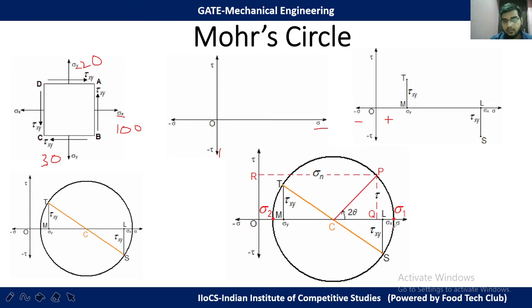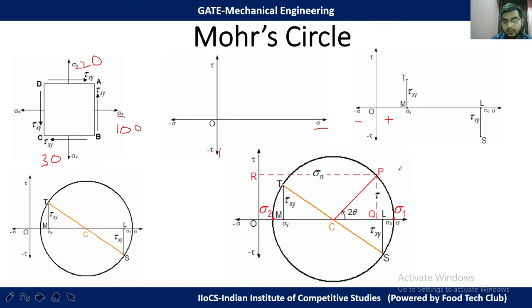So the point where the Mohr circle intersects the sigma axis. Okay, we can see that this circle intersects the sigma axis at 2 points, sigma 1 point and sigma 2 point. So the greater value is considered as sigma 1 point, and the smaller value is sigma 2. Sigma 1 is major principal stress and sigma 2 is minor principal stress.